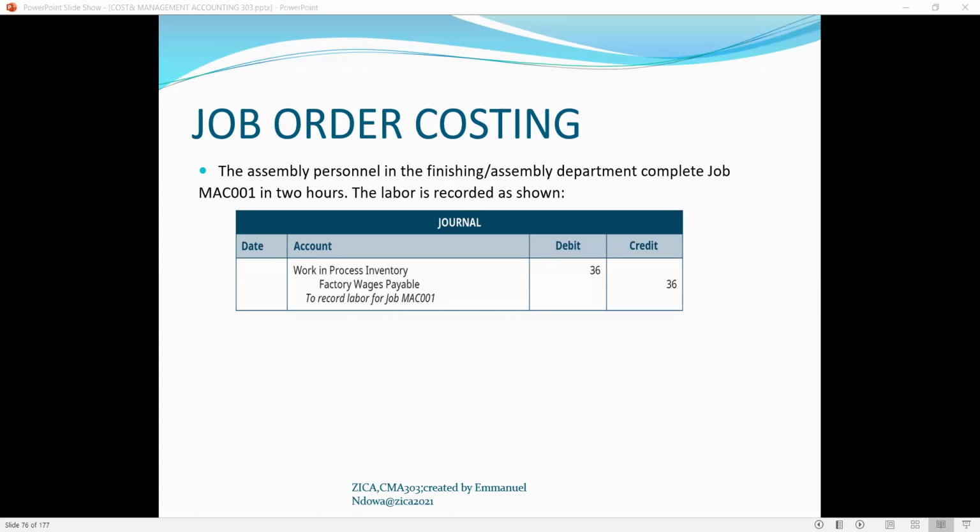So the account that is going to receive the material is the work in process inventory account. And then we need to take into account the labor that is going to be utilized. We then need to put it into the same account, because this is the account that is going to accumulate the total costs of production.